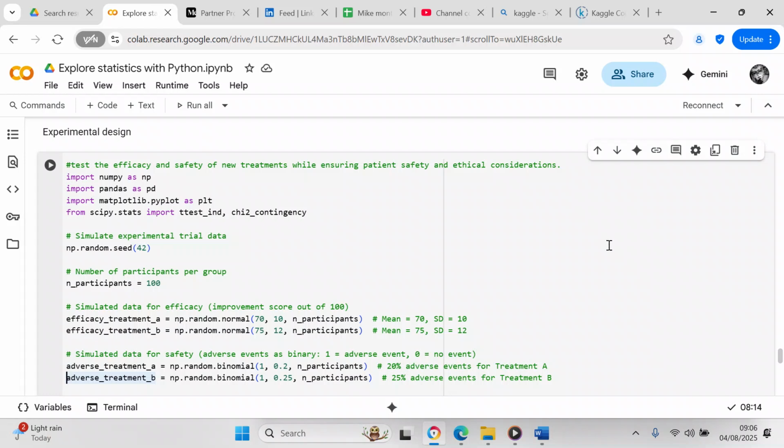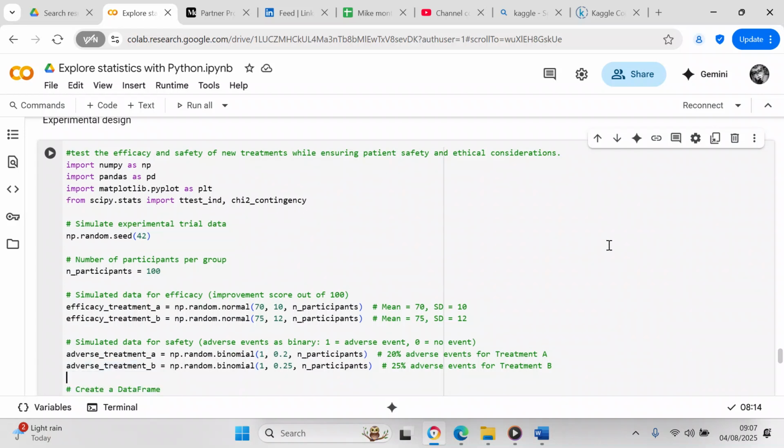And efficacy_treatment_B equals np.random.normal(75, 12, n_participants). So it has a mean of 75, a standard deviation of 12, and a sample size of 100.